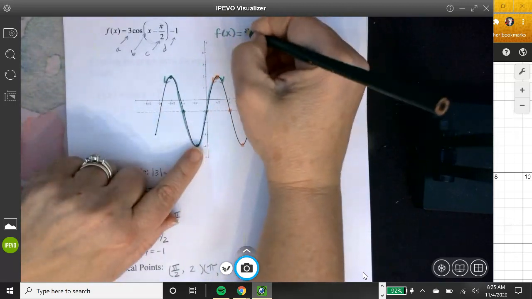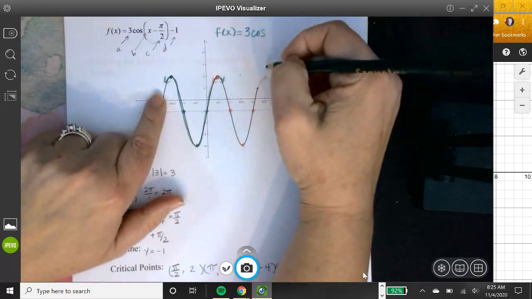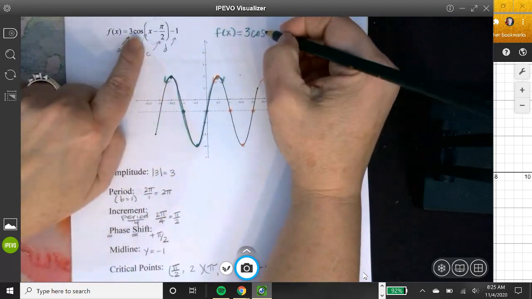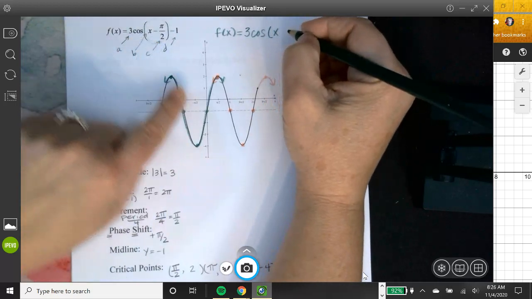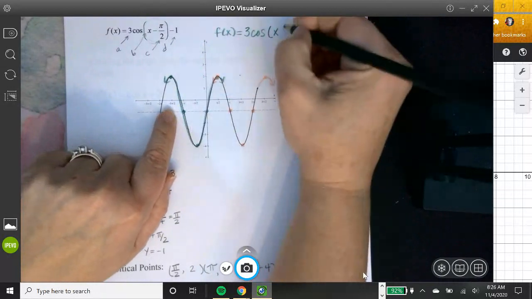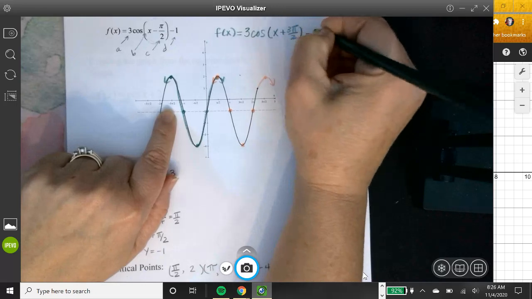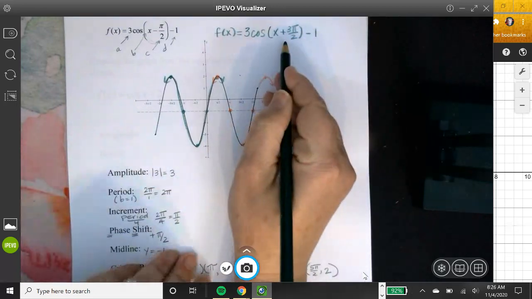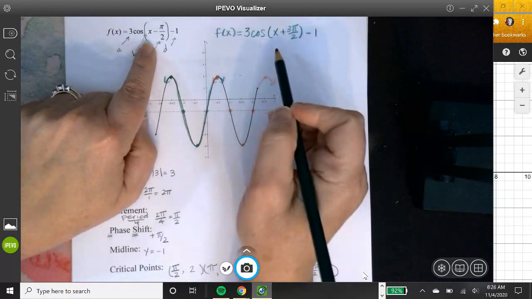Well, it's definitely 3 cosine, and does it have the same period? Sure. So the period factor still will be the same, and instead of x minus pi over 2, this would be a phase shift of -3 pi over 2, so this would be plus 3 pi over 2 minus 1. And this curve is the same exact curve as this one. It's just written with a different phase shift.